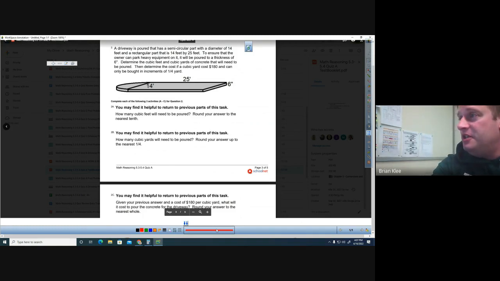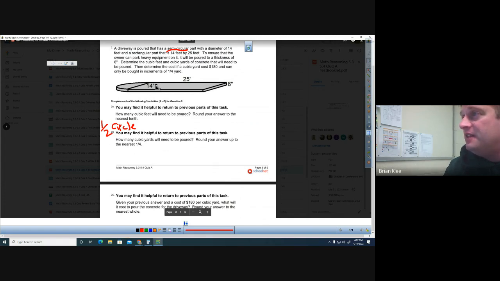So the first thing we should be able to do is figure out how many cubic feet get poured. So what is the surface area? In 2B, we'll figure out the volume, how deep it gets poured. So we got the circle. What's the circle area? And it's a half circle. The problem says up above, a semicircular part with a diameter of 14 feet and a rectangular part that is 14 feet by 25 feet.